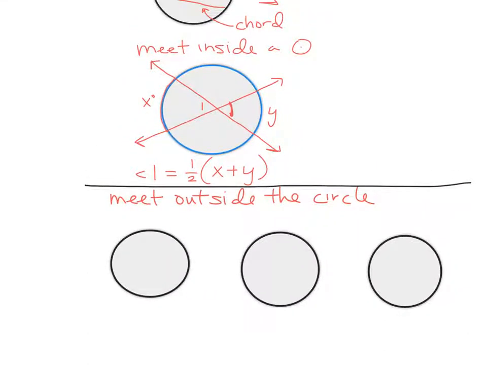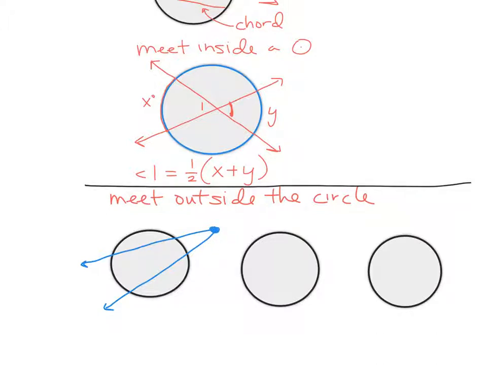All right, so if your secants or your tangents meet outside the circle, one option is it looks like this. Okay, this would be 2 secants.